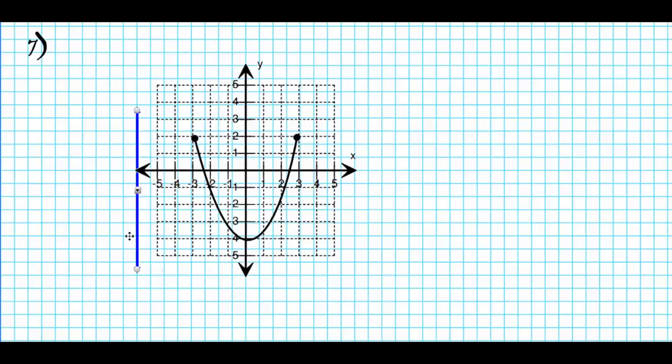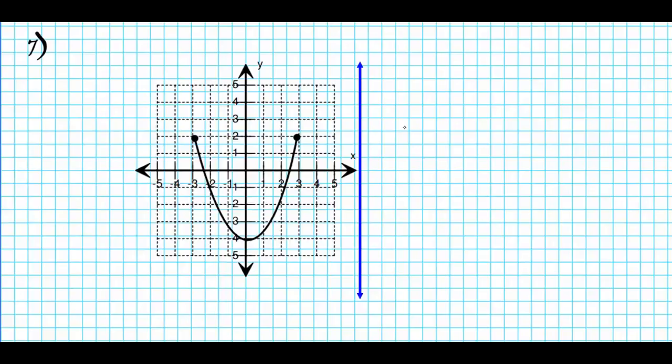We're going to sweep our vertical line across the entire domain and see if it intersects the graph more than once at any point in the domain, okay? So let's do it. So we see starting from here, once. For the entire domain, this vertical line intersects the graph at exactly one point. So what does this mean? It means that this relation graphed here is the graph of a function.